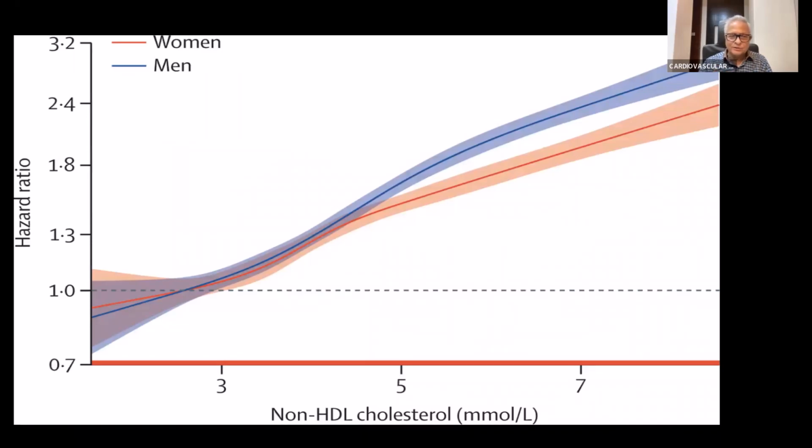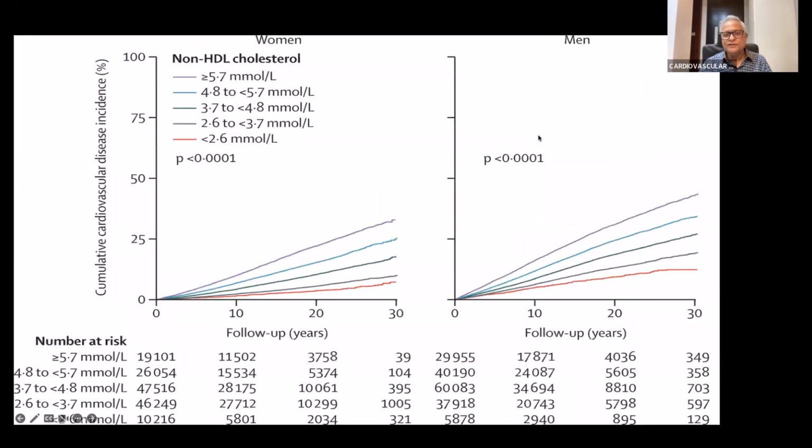Why is it important to say that? As non-HDL cholesterol crosses 130, we can see there is an increase in hazard ratio, which is reflected in cumulative cardiovascular disease incidence over a period of 30 years in men and women.